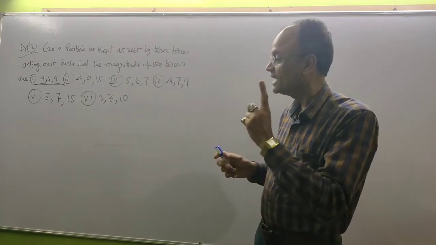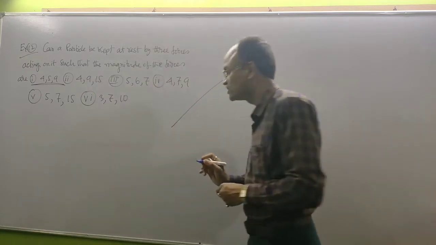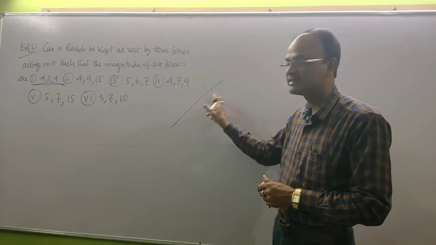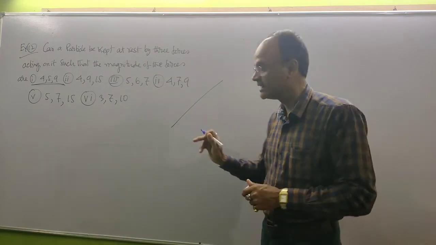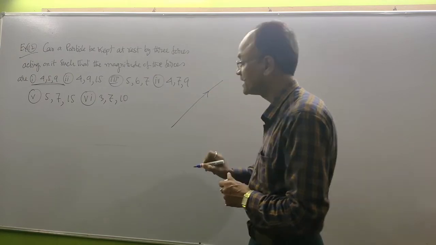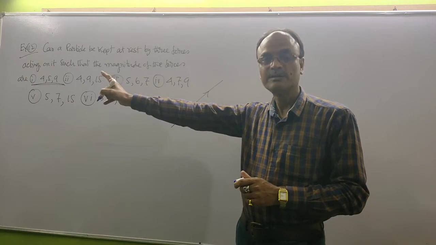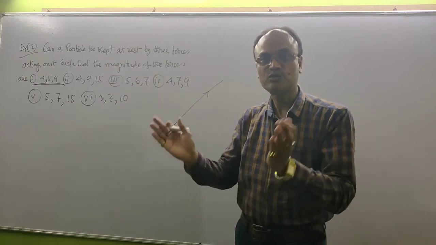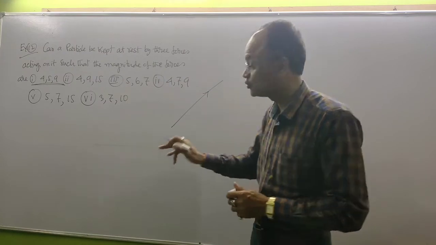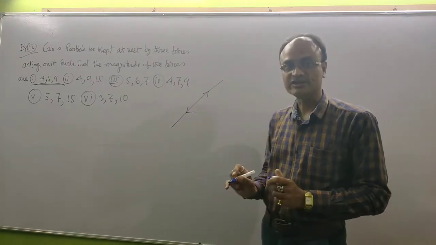And another one is this: suppose the three forces are acting in a straight line, such that the sum of two forces is equal to the third force, and the third force is acting in the opposite direction.